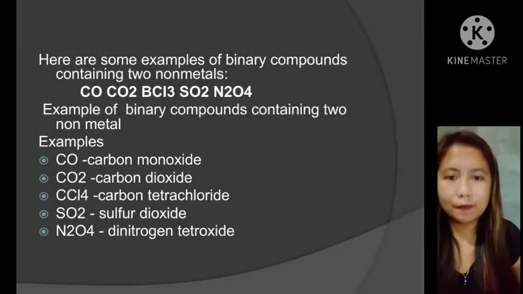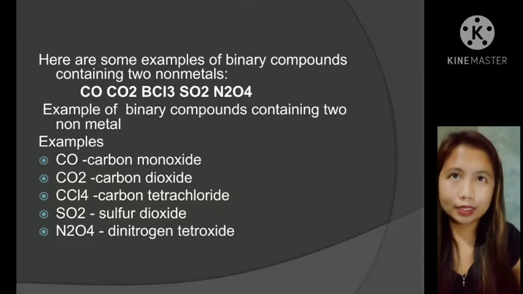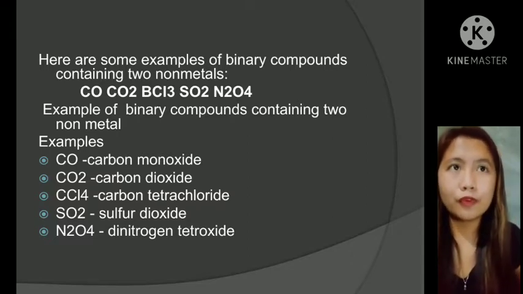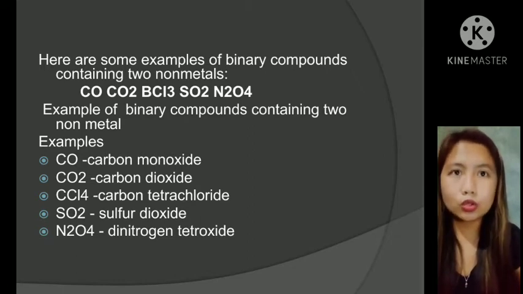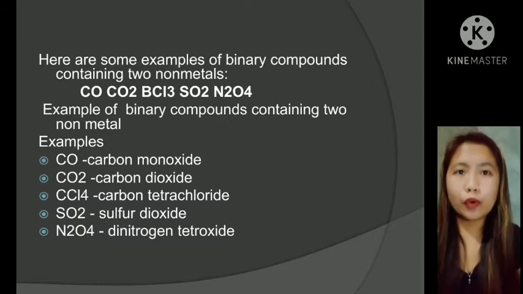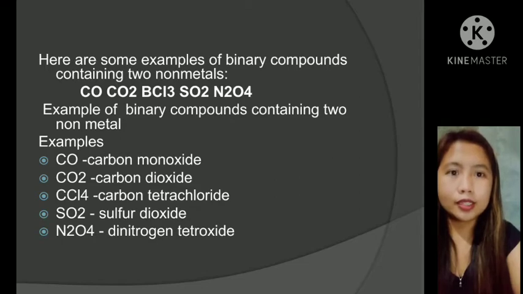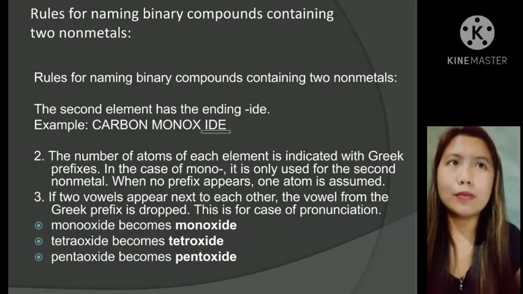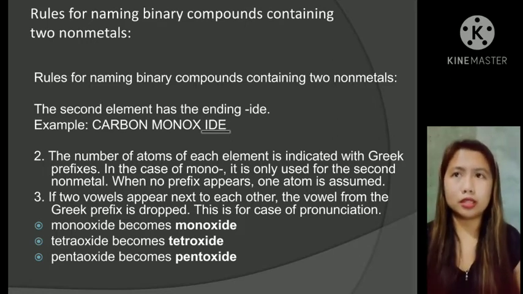Here are some examples of binary compounds containing two nonmetals: CO stands for carbon monoxide, CO2 carbon dioxide, CCl4 carbon tetrachloride, SO2 sulfur dioxide, and N2O4 dinitrogen tetroxide.